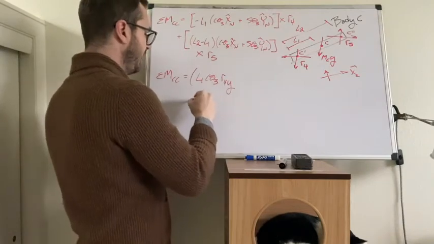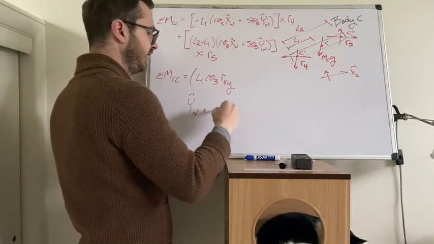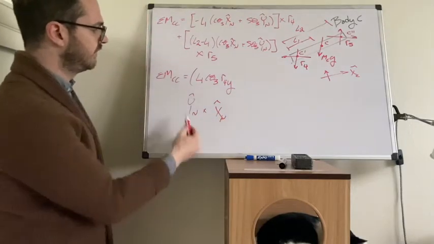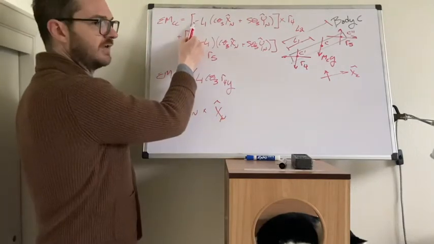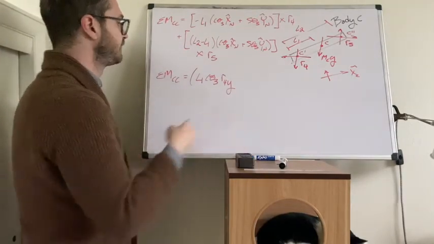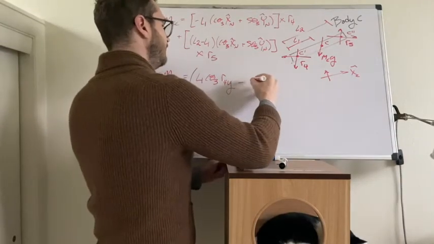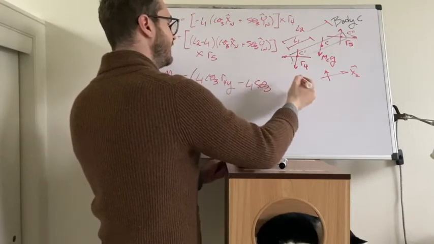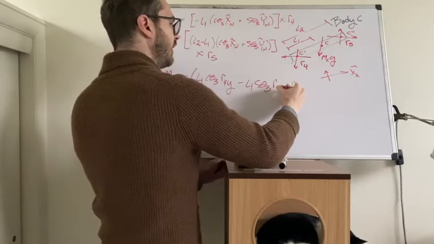It's Y cross the X term, which itself is a negative Z. Negative, negative makes it positive. The next negative makes it negative again. So minus L1 sine theta 3 R4X.